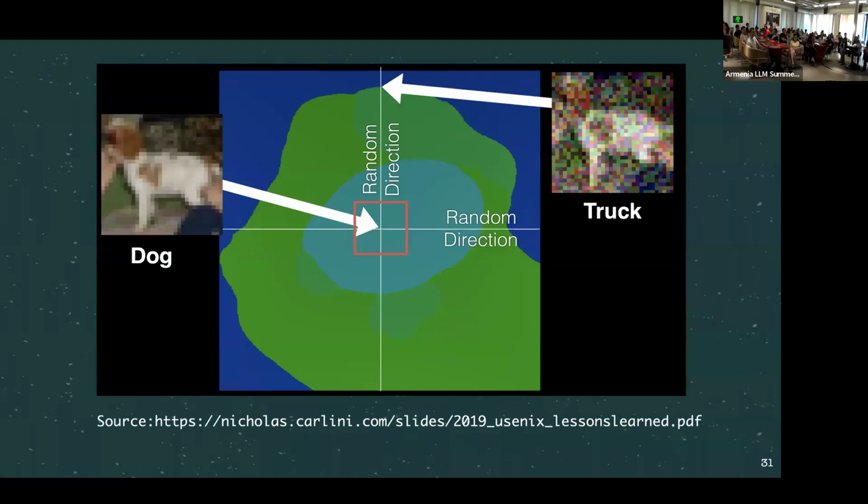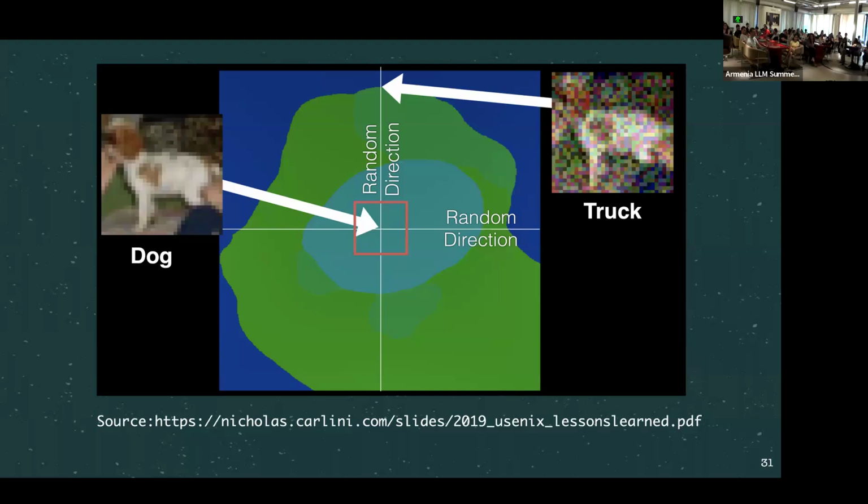Okay, so what's the intuition? The intuition is the following. You have the loss landscape. This is the loss landscape for a deep classification model. Let's say you have a normal picture of a dog. We put it here, and then we look at two random directions in the landscape, two vectors along which we can change the image.